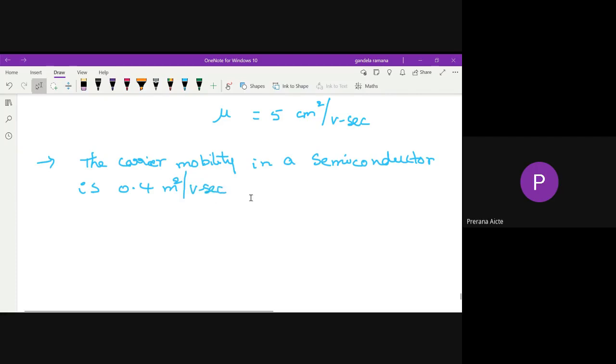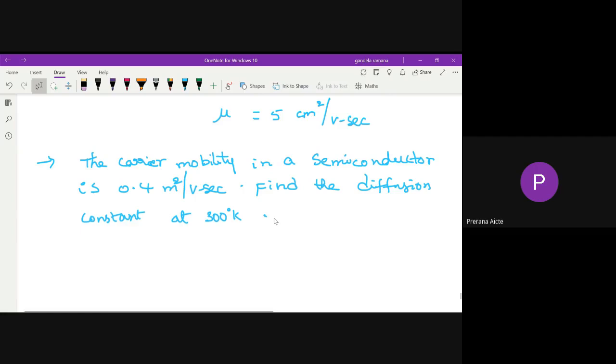Find the diffusion constant at 300 degrees Kelvin. So this is the question.